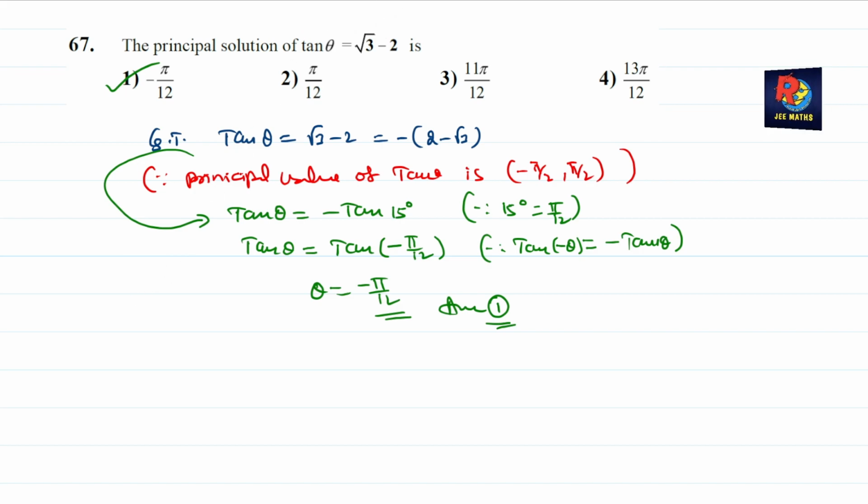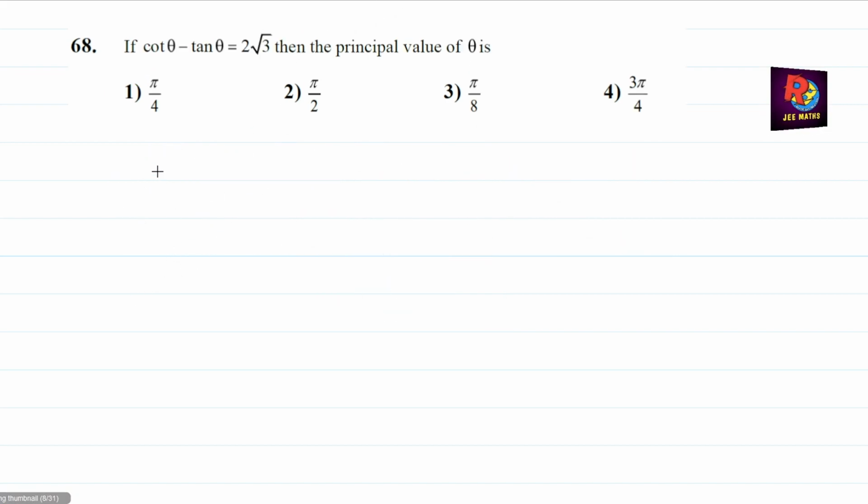Next, if I go for the 68th one. In the 68th one, the given information is cot theta minus tan theta equals 2 root 3.